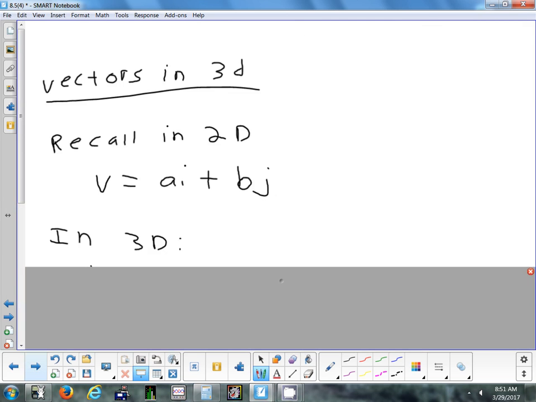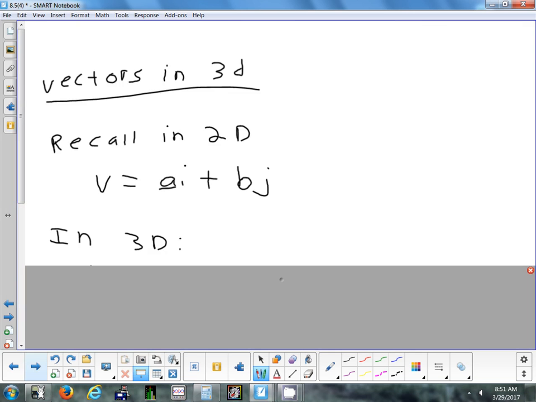All right, so in 2D, the way we represent vectors is we have an x-axis component represented by the first term. Then we have the y-axis component, and that's the second term. So now we're going to have an x-axis, a y-axis, and a z-axis.